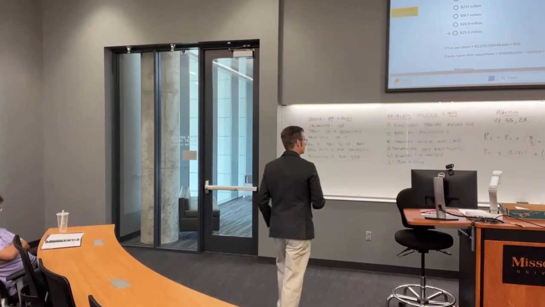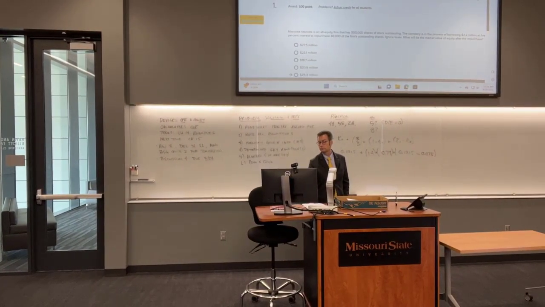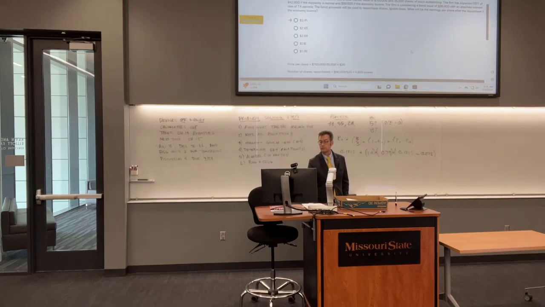Okay. Let's look at number 2. Shaw Software is an unlevered firm with a total market value of $700,000 and 35,000 shares of stock outstanding. What could I do with those two pieces of information? You can find the stock price.